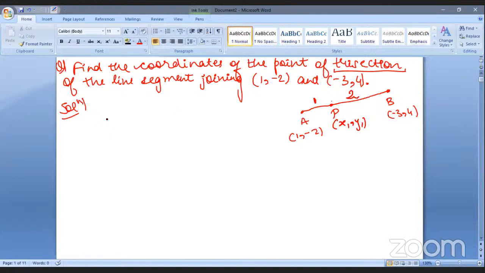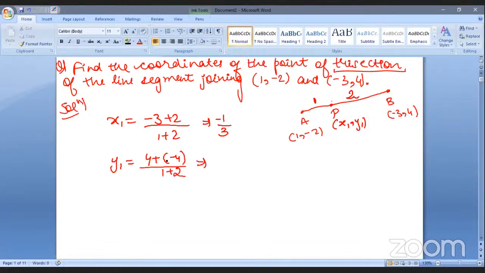Okay, simply x1 would be equal to (1 into minus 3 minus 2 into 1) divided by 1 plus 2, which is minus 1 by 3. For y1, (1 into 4 minus 2 into 2) divided by 1 plus 2, that is minus 4 plus 4, so it will be 0, because it will cancel out.